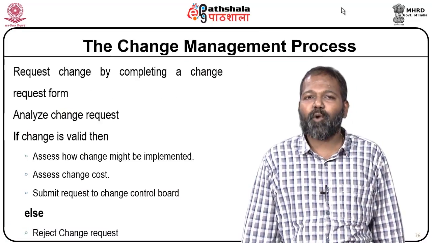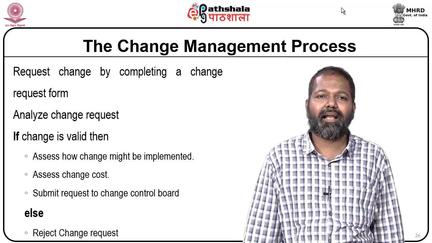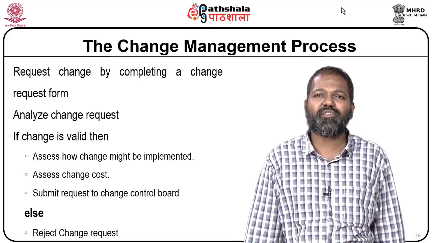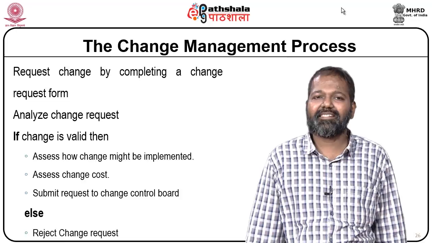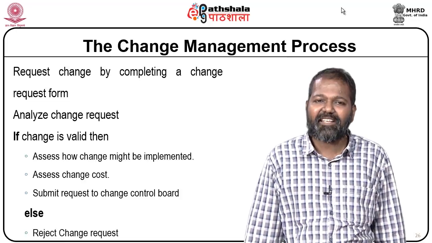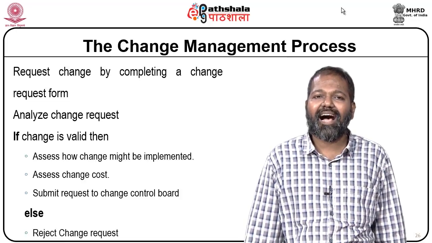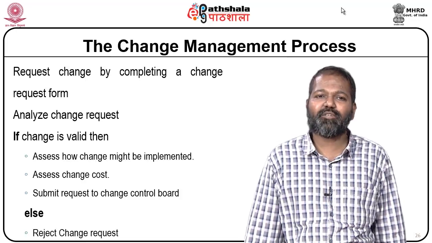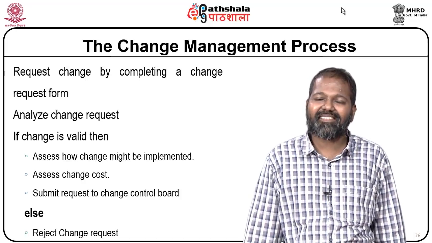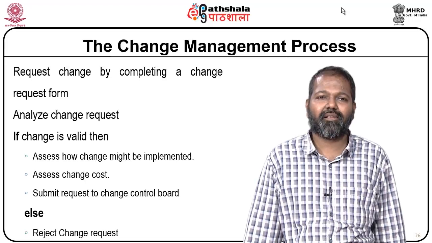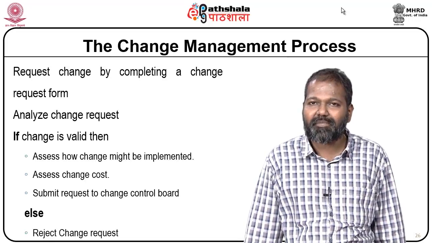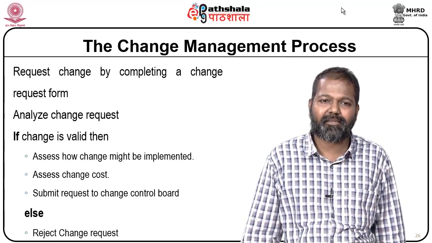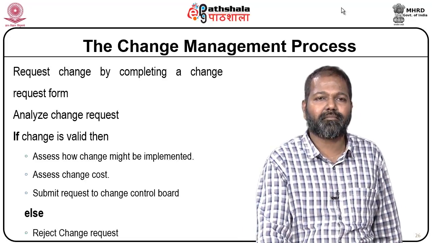The change management process requests a change by completing a change request form. Analyze the change request. If the change is valid, then assess how the change might be implemented. Assess change cost. Submit the request to the change control board, else reject the change request.